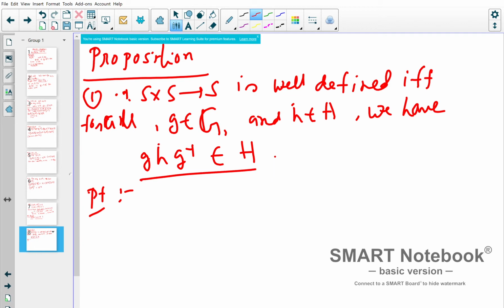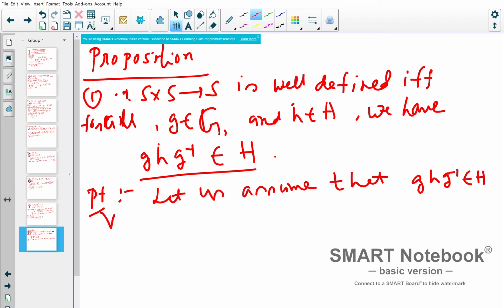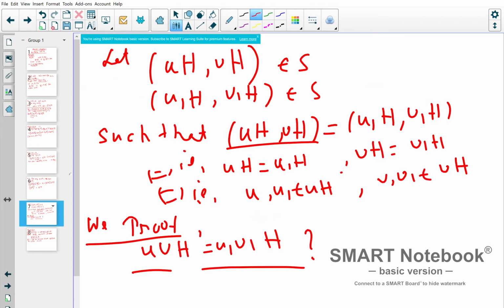So let us assume that GHG inverse is an element of H for all g belonging to G and h belonging to H. Now can I prove UVH equal to U1V1H?